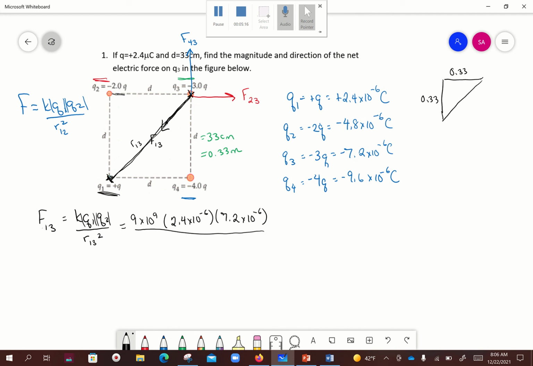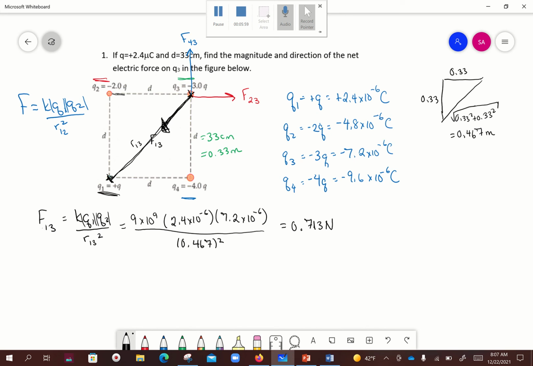For the diagonal, I'm going to use Pythagoras, x squared plus y squared, so it's the square root of 0.33 squared plus 0.33 squared, which is the root of 2 times 0.33 squared. Putting that in my calculator, I get 0.467 meters. So on the bottom I'm going to put 0.467 squared, and in my calculator I get 0.713 newtons. So it's 0.713 newtons, and the direction of it is along the diagonal.